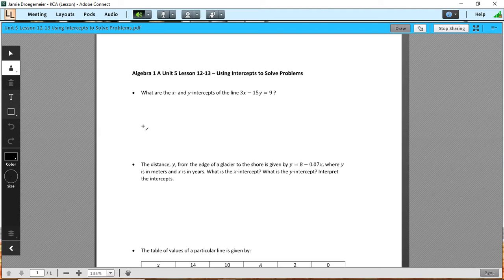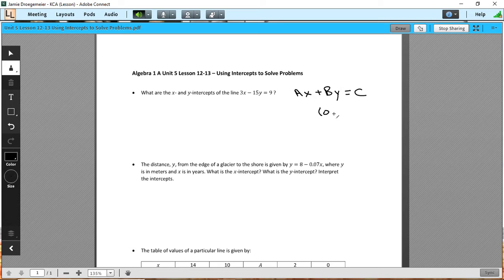This first one says, what are the x and y intercepts of the line 3x minus 15y equals 9? We first want to recognize that that equation is in standard form, ax plus by equals c. When we have something in standard form, we can find our intercepts by plugging in 0.